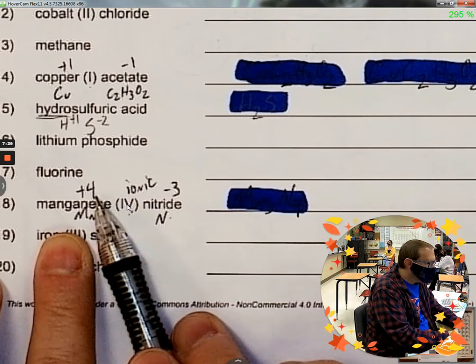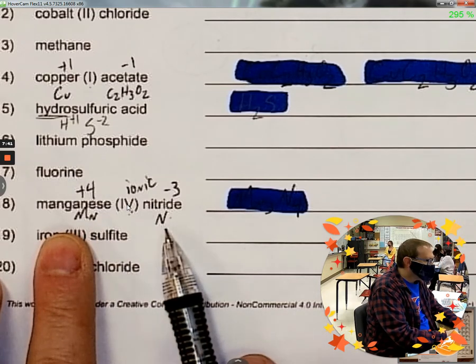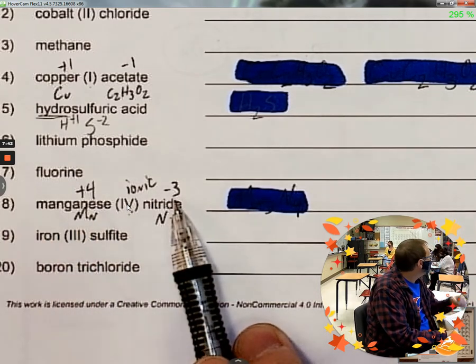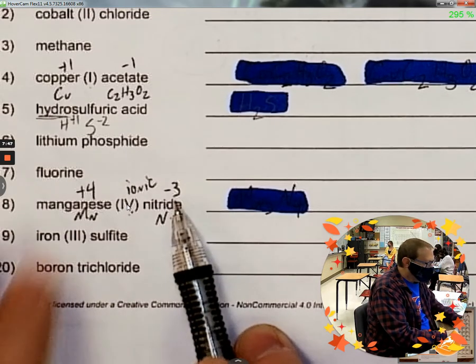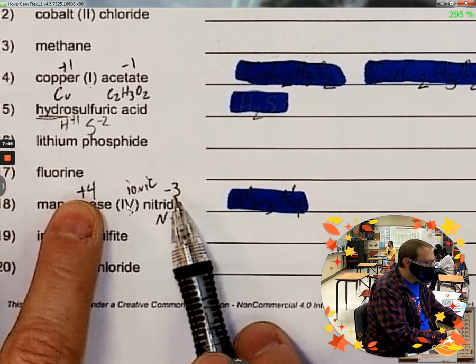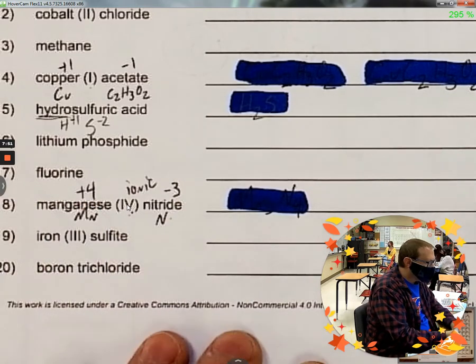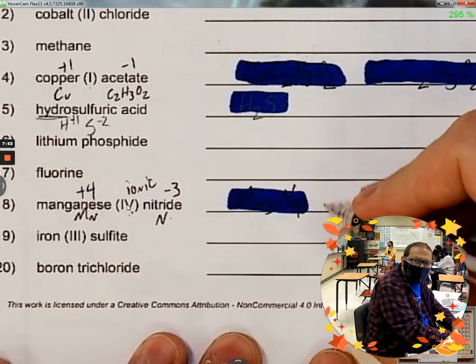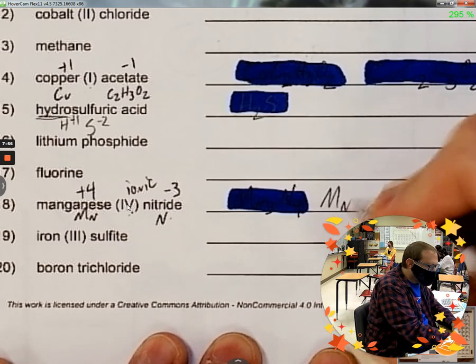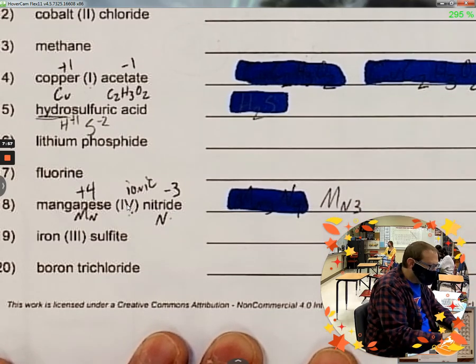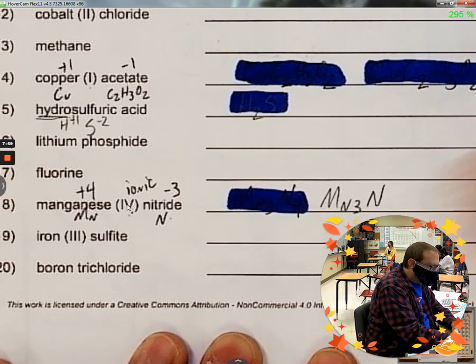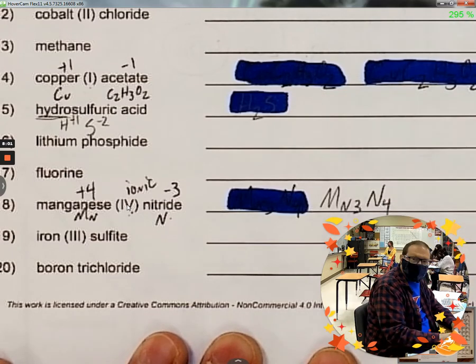So manganese is +4. Nitride is -3. And again, you can find that either on the ion chart or on your periodic table. Since these 2 are not the same, I'm going to use my crossing over trick, which means how many manganese am I going to end up with? Mn3, and then N4.